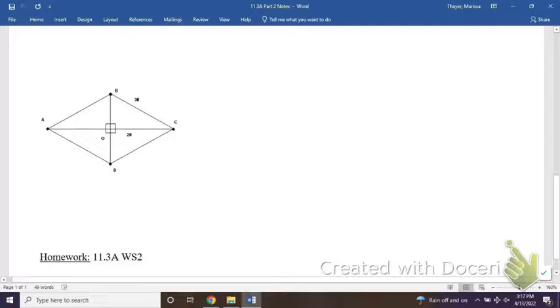Okay, so this last one we have a rhombus. And the area of a rhombus is 1/2 times diagonal 1 times diagonal 2. I know what one of my diagonals is here. Since this is a rhombus, this 20 is going to match this 20.